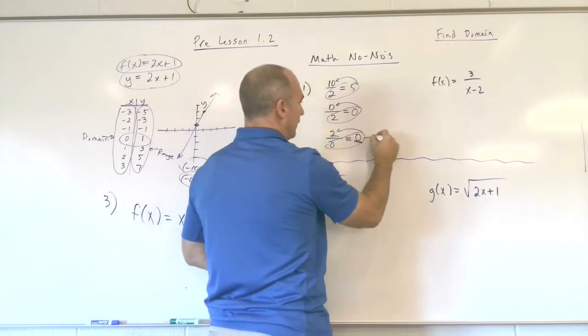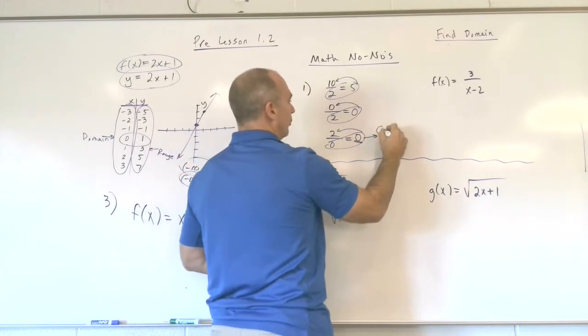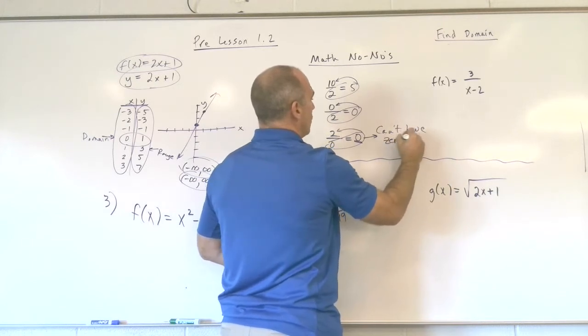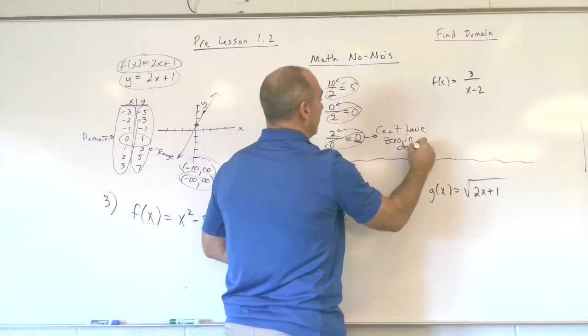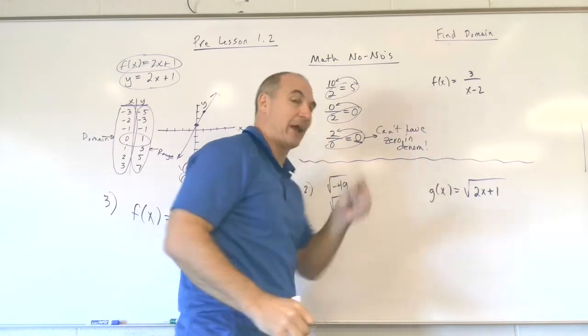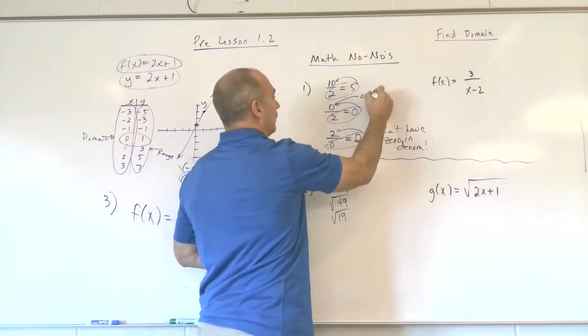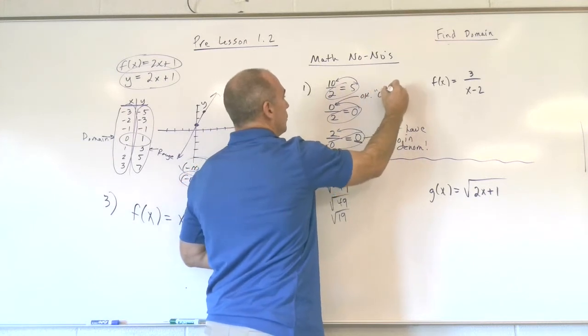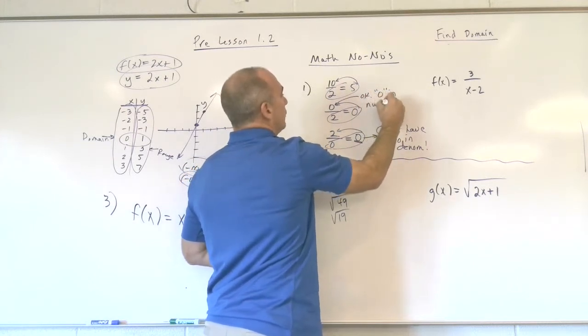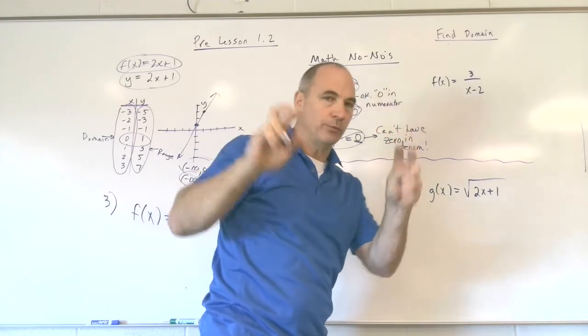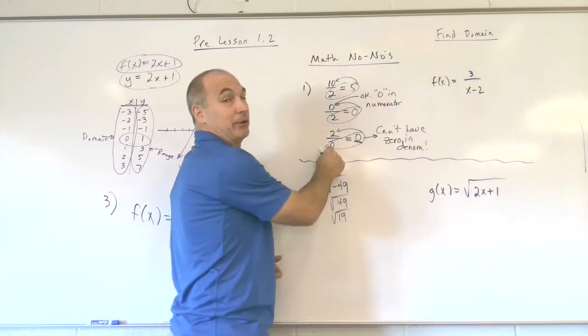Never. This is never possible. You can't have a 0 in the denominator. Now, an extra clue: it's okay to have a 0 in the numerator. So what's the only no-no? Having a 0 in the denominator.